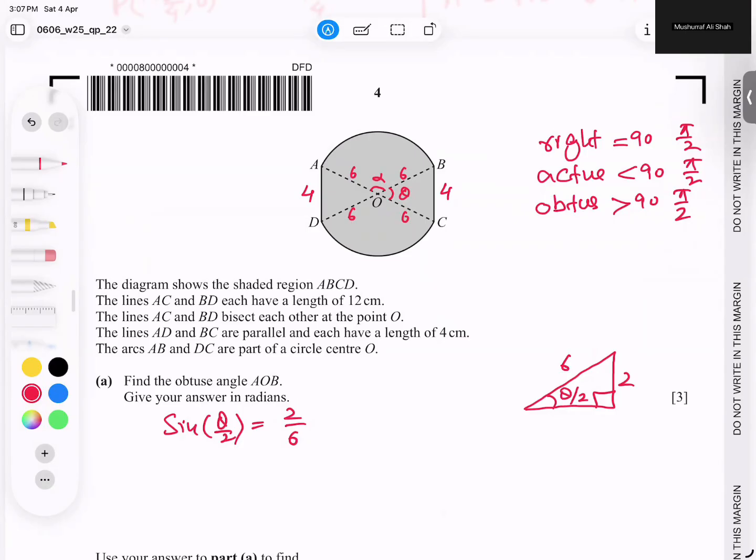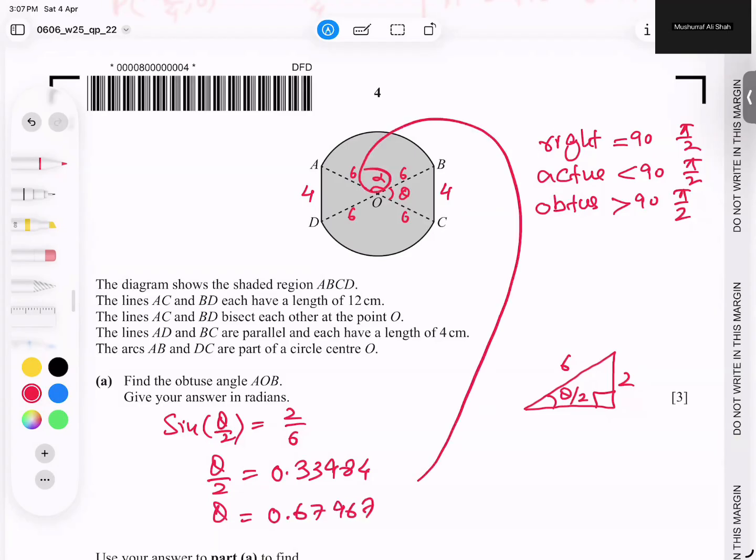So if I take the sine inverse of 1 over 3, I'll get 0.33983, and times 2, I got theta is equal to 0.6967967. But I'm not looking for that, I'm looking for alpha. So how to get alpha, students? Alpha is equal to pi minus theta.